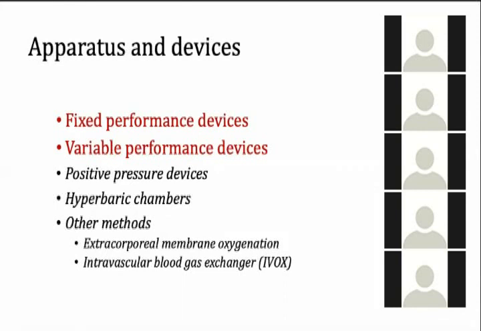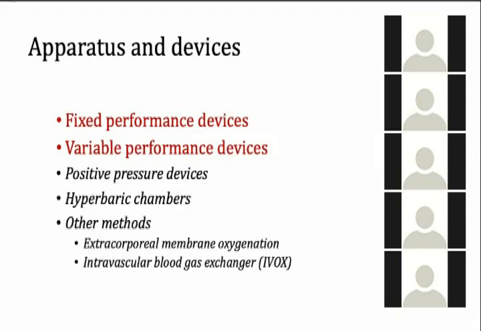Sometimes we divide them into high flow devices and low flow devices, and sometimes we call some equipment positive pressure devices. There are lots of classifications, but you don't have to worry because there can be overlaps. Some devices can come into two categories, like a low flow device that is also a variable performance device.